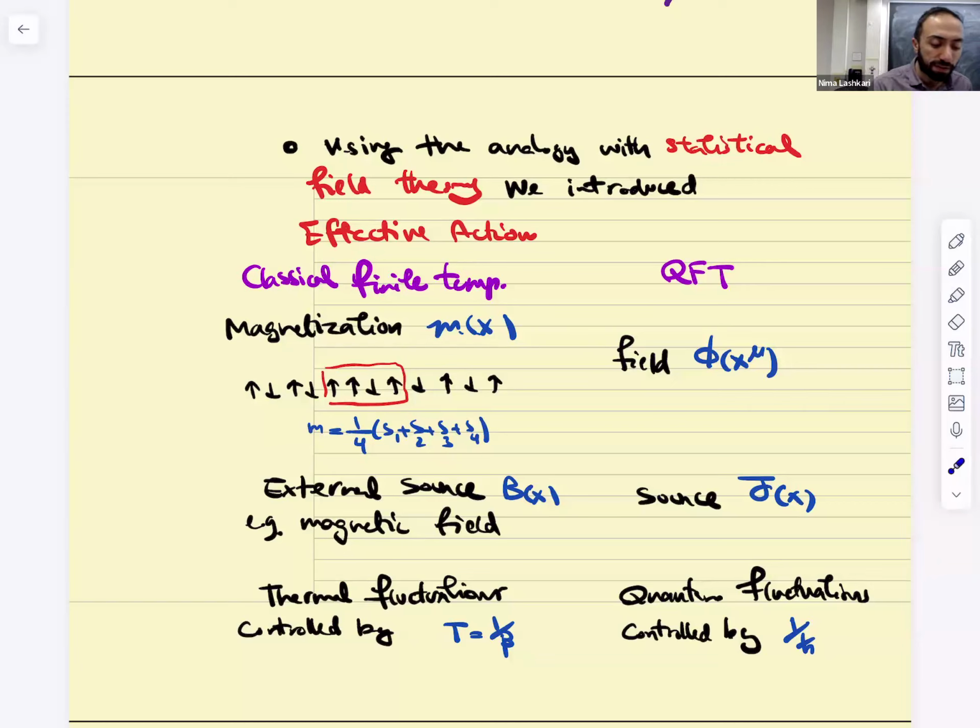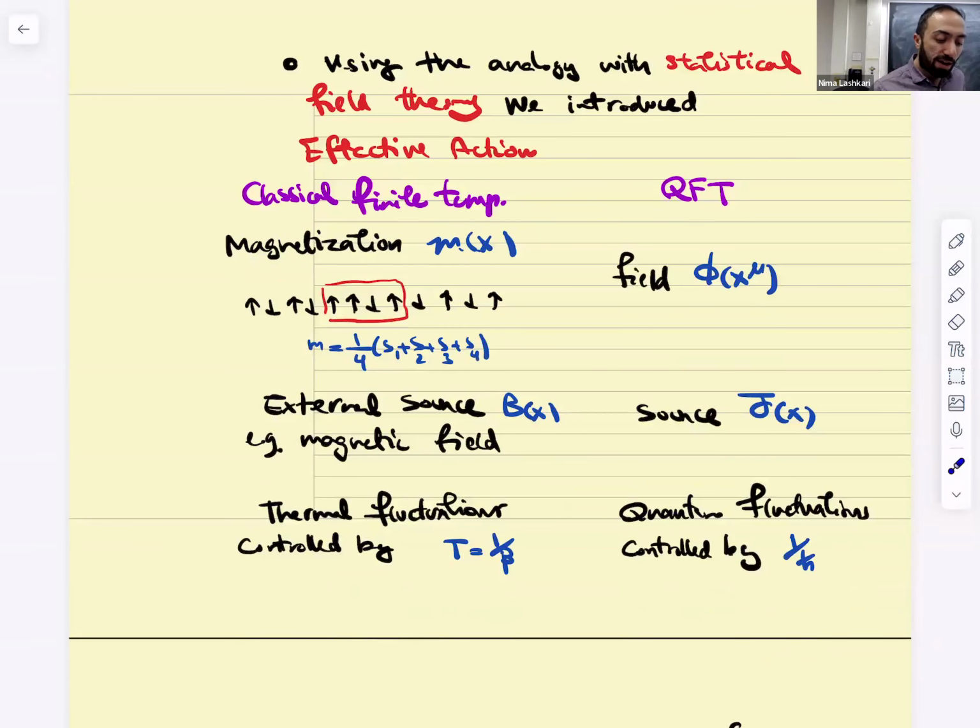And in statistical field theory, we have this thing called the Gibbs free energy that is analogous to effective actions in quantum field theory. So here's a comparison. On the left side, you have classical finite temperature fields, right? So this is finite temperature classical field theory. On the right side, you have quantum field theory, and this is a comparison.